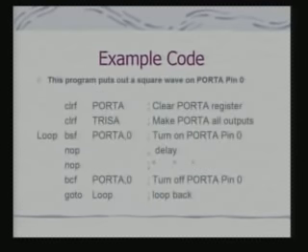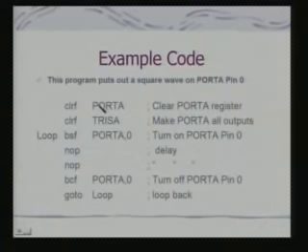Let us look at another example. This example is for producing a square wave on one of these ports, because I told you that the PIC microcontroller has on-chip ports. If you remember the architecture, we had shown ports, and we shall discuss how exactly these ports are to be used when we discuss the peripherals, but this is a small code example which actually interfaces with the port.